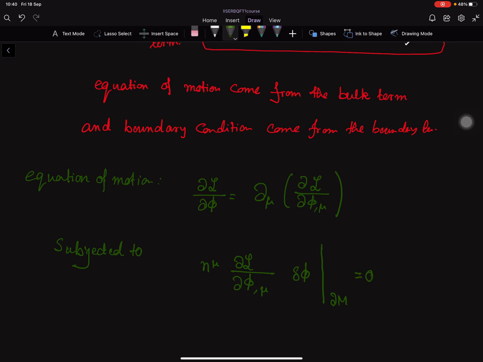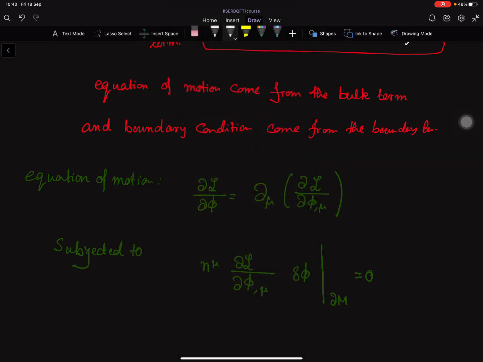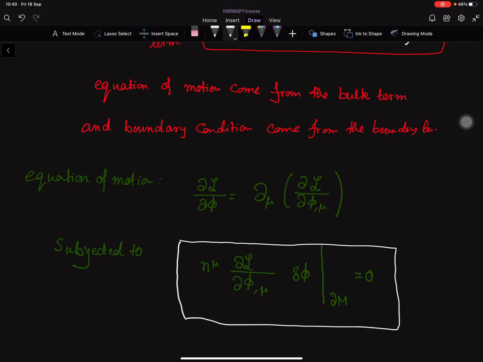So when you try to derive the equation of motion for a field, you have to satisfy this condition, because this condition gives you the boundary condition.